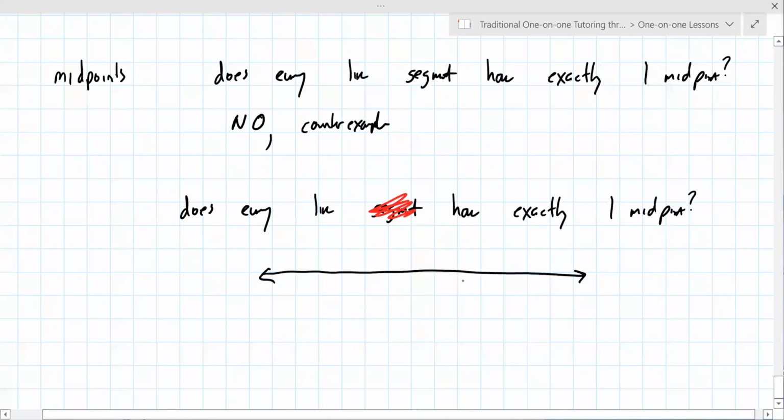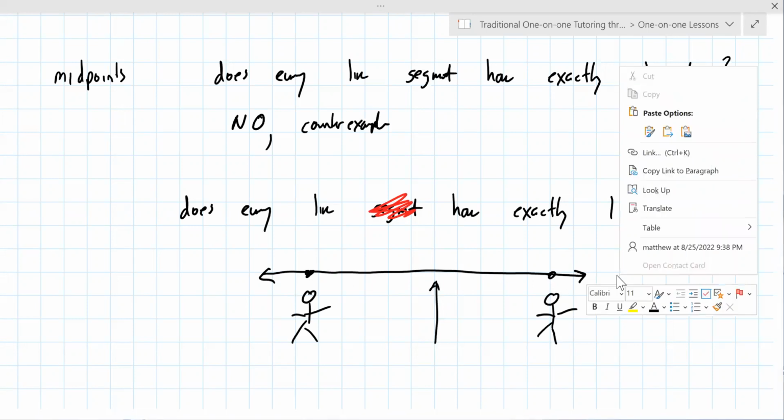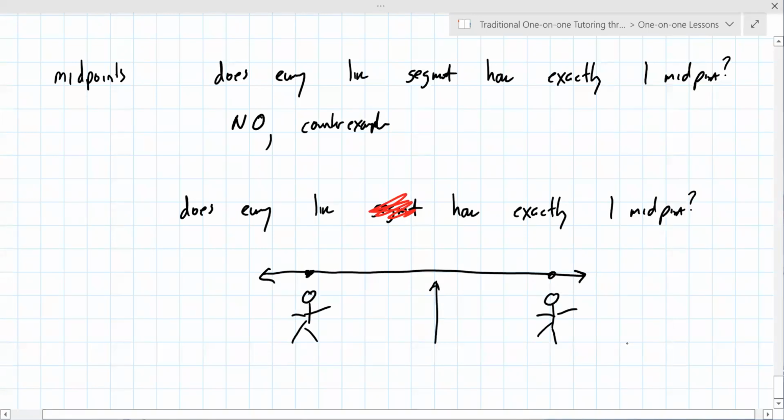You actually don't have any midpoints because it goes on forever. Let's say you and your friend are standing some distance apart, and you think, oh, that's the midpoint. But in the case of a line, he's moving, you're moving, so you never can figure out where the middle exactly is. So this one would be a no.